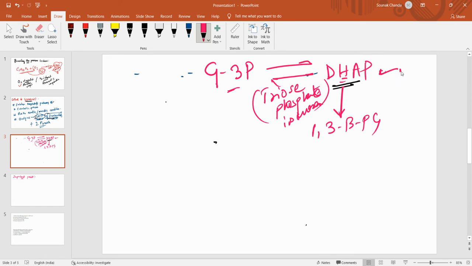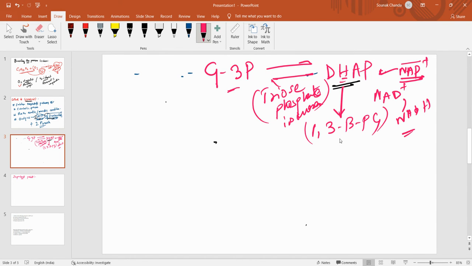That is NAD plus. Before conversion to 1,3 BPG, it is oxidized by NAD plus, and after the conversion to 1,3 BPG, this NAD plus will convert to NADH. Understood? So that is from DHAP to 1,3 BPG. I hope it is clear.